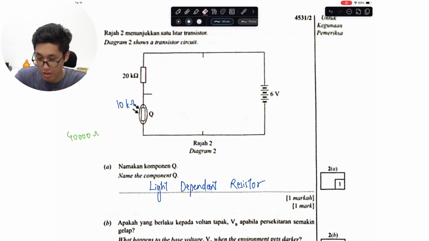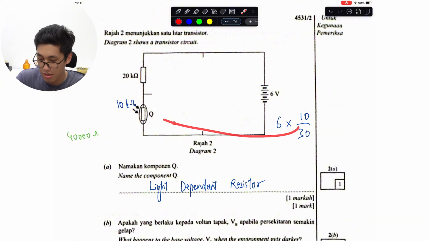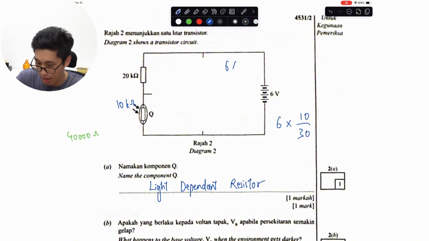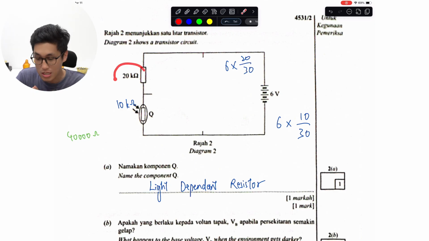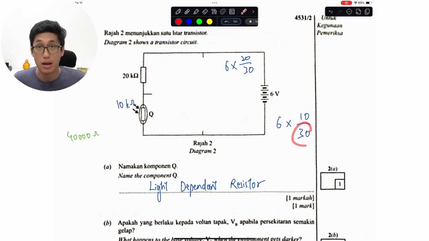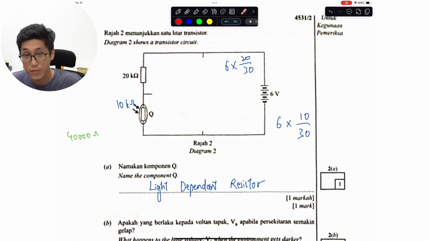So another way you can say is 6 times 10 out of 30 for the bottom one, and 6 times 20 out of 30. These people will get 20 out of 30. These people will get 10 out of 30. Make sense or not? Because 30 is the total, so he will get 10 out of the 30 portion, and he will get 20 out of the 30 portion. So this is the way to do potential divider.